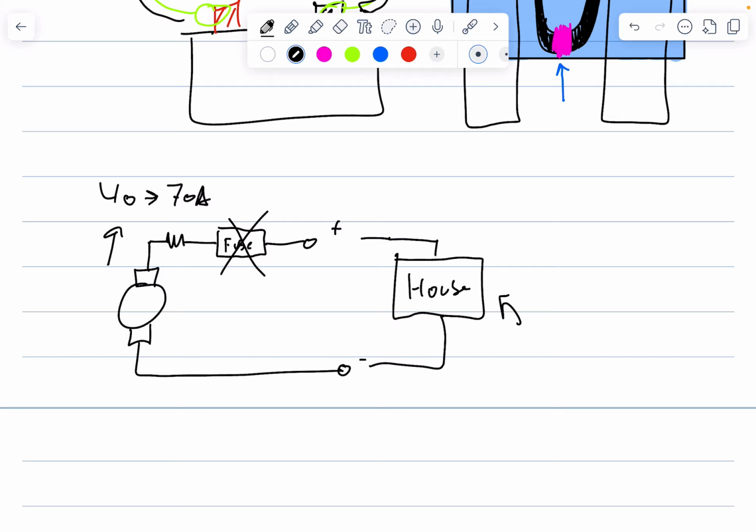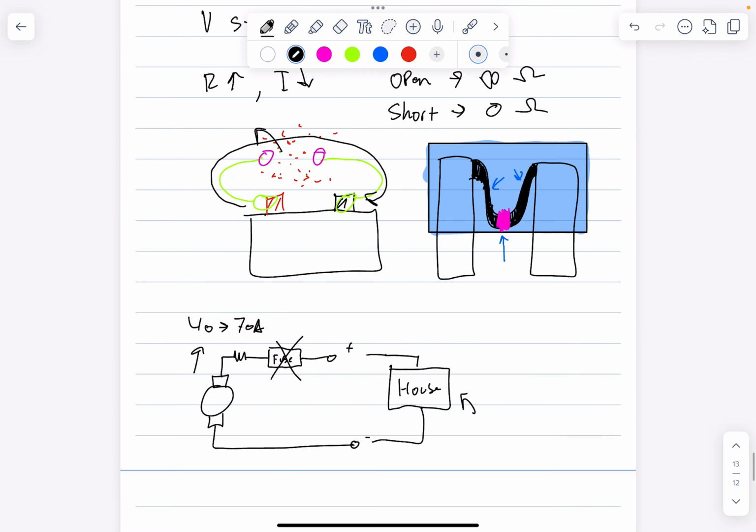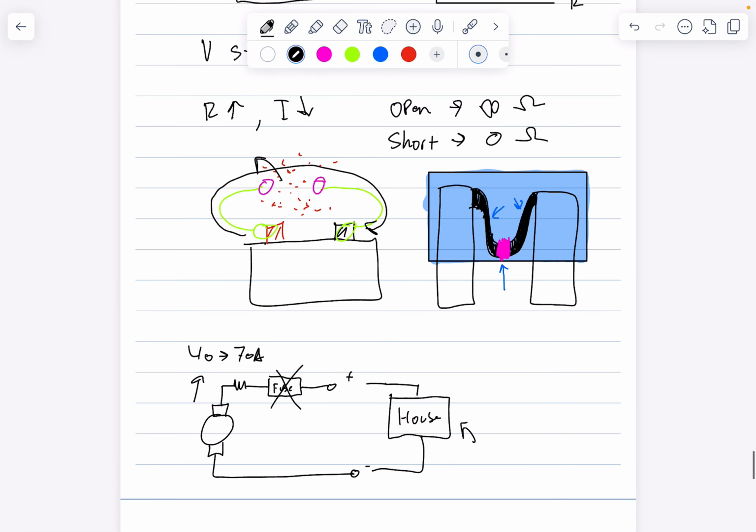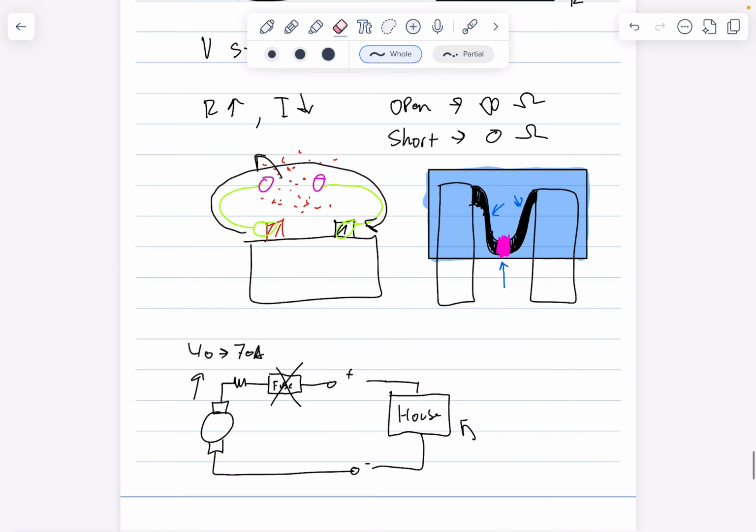Now, a fuse goes from a short to an open circuit to protect against the case where there's a short circuit downstream, or an event downstream that draws too much current, right?